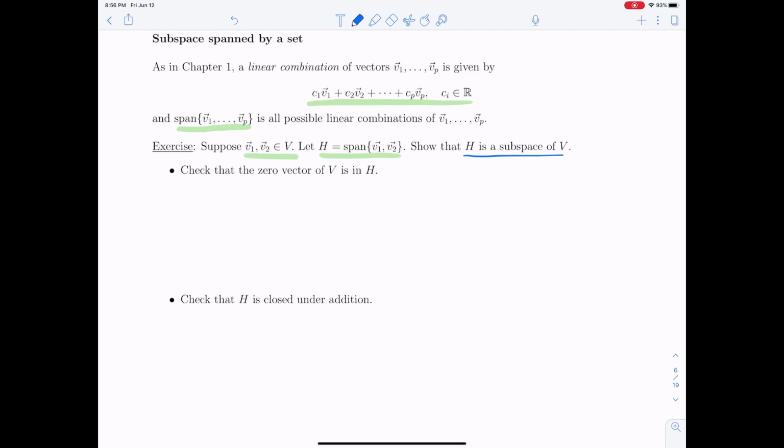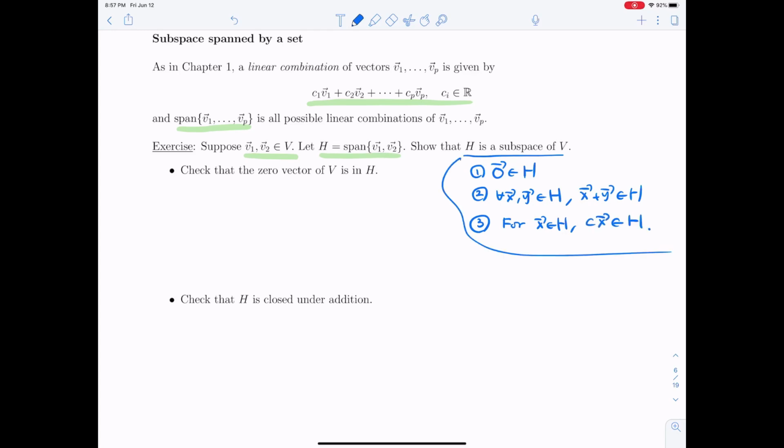And this is because we have to check whether 0 sits inside H, and whether H is closed under addition. So if you take two different elements x and y from H, then x plus y should sit inside H, and we have to show H is closed under scalar multiplication.